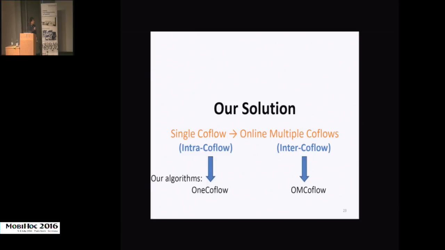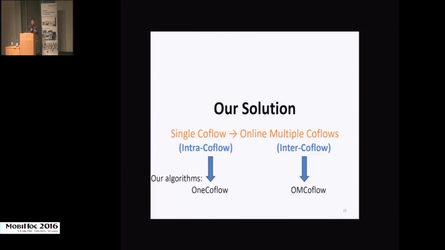So here comes our solution. We first look into a special case where there's only one single Coflow in the network. And this is actually the aforementioned intra-Coflow scheduling and routing. We design an approximation algorithm called Untitled for this case.